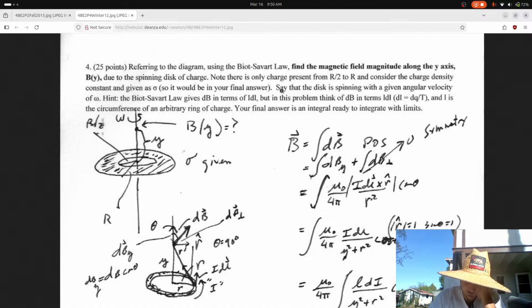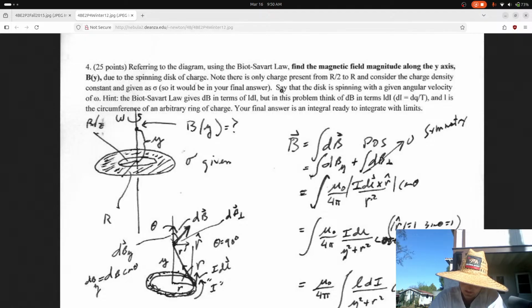So dq is sigma times 2 pi r dr. Okay, so we have the dq. Now omega t is equal to 2 pi, so t is equal to 2 pi over omega.